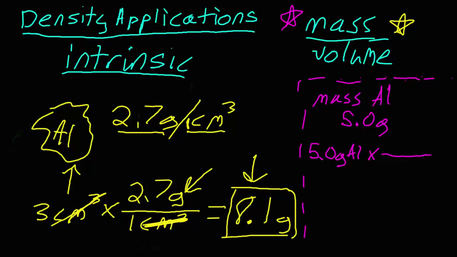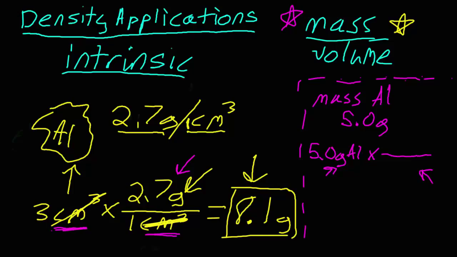Notice what happened over on our first problem. We took centimeters cubed and we divided by centimeters cubed, and that's what allowed them to cancel out. If we put the density in exactly as we did in the previous problem, we won't be canceling out our grams, because they will be on the outside, but they won't also be on the bottom.